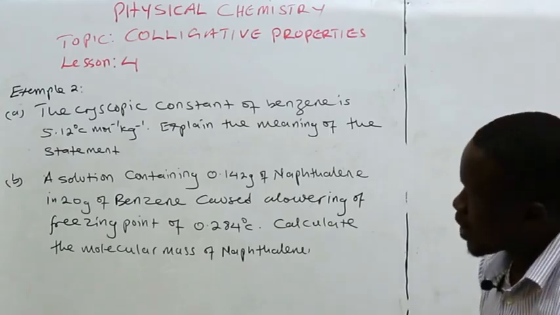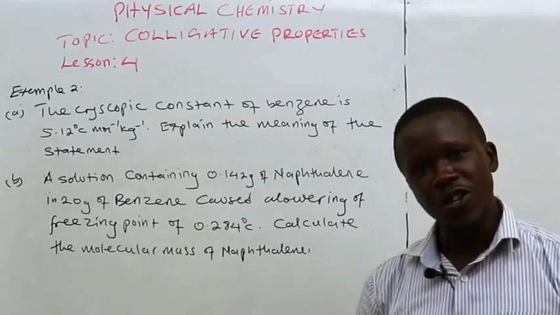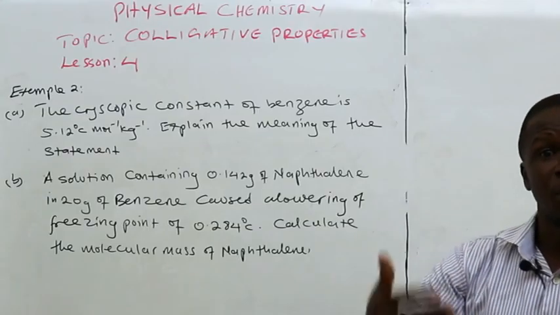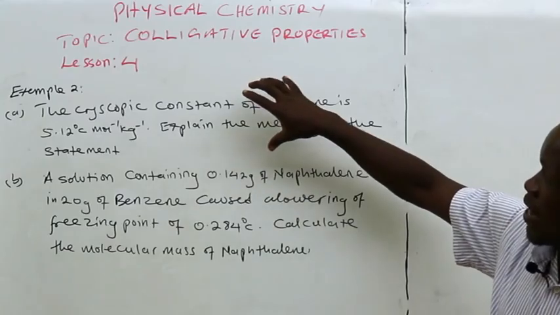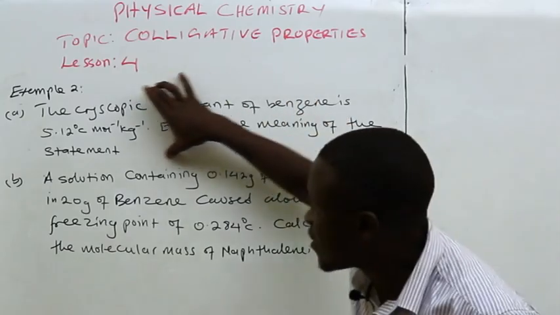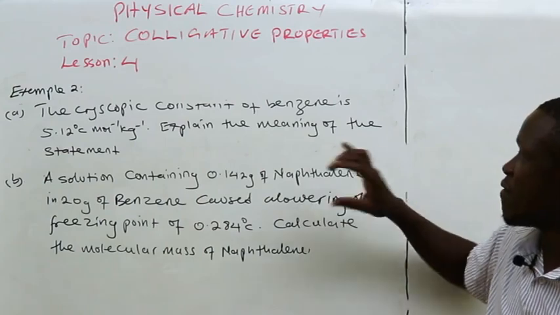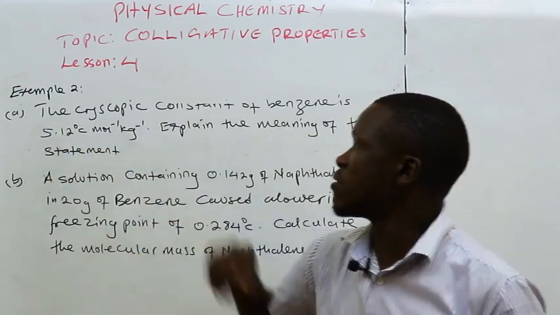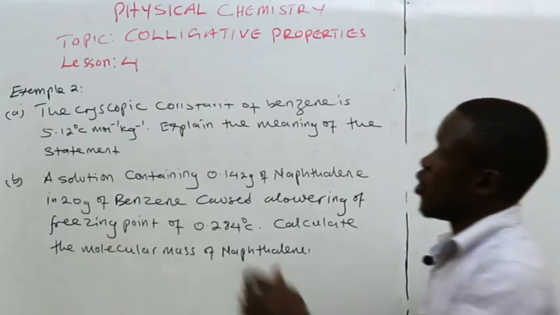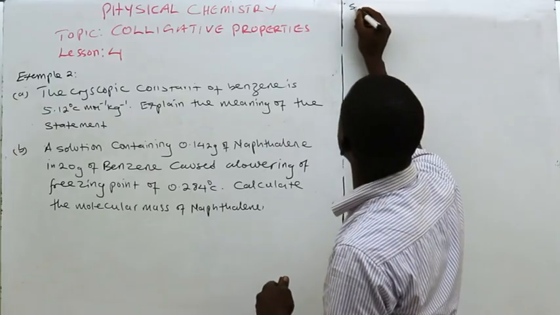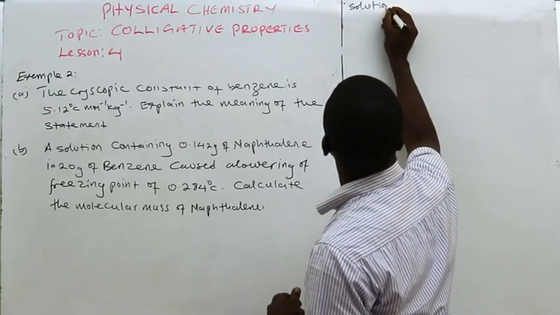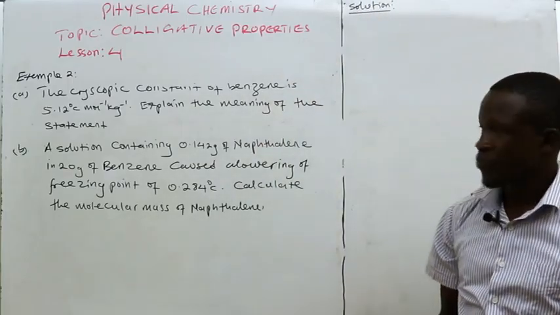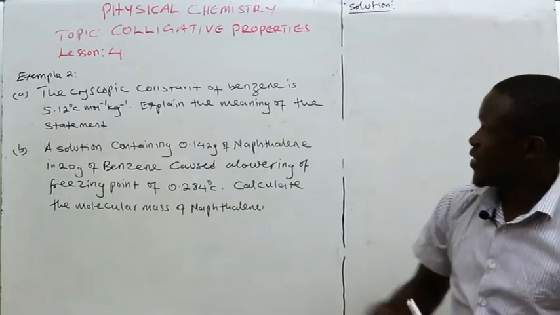So now, if that is the definition of cryoscopic constant, can we apply that to this statement here? They have given us the cryoscopic constant as 5.12 degrees Celsius per mole per kilogram. So can we give a solution to the question now? What does the statement mean?